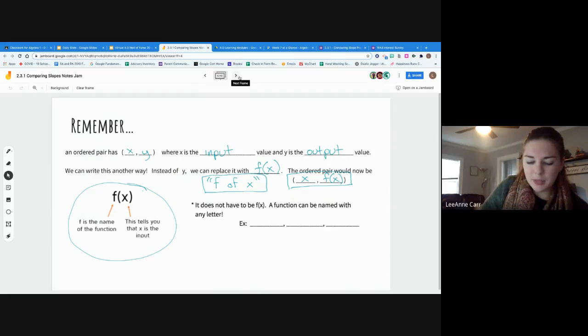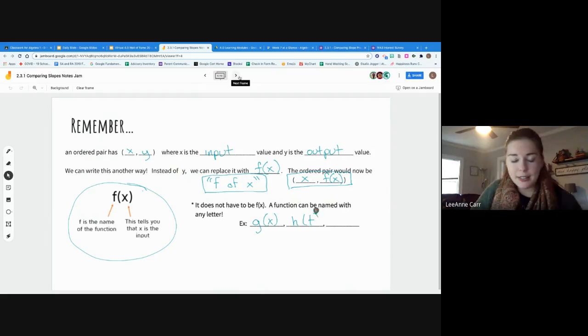So you could have something like G of X. You could have H of T. It doesn't always need to be X. You could have, I don't know, Z of N. Doesn't really matter. We just need to know what each of those letters represents.